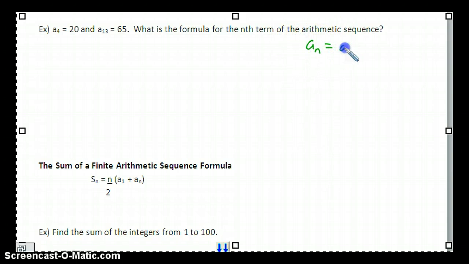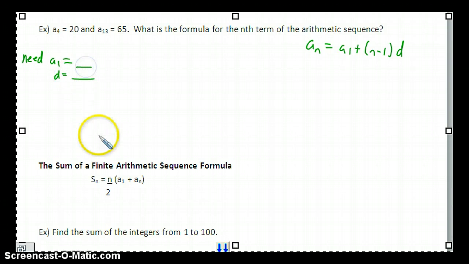So again, here's my generic formula. And the two things that I need are a sub 1 and my common difference. Now, I'm not given either of those. So what I'm going to have to do is use some substitution here to be able to find what I'm missing.